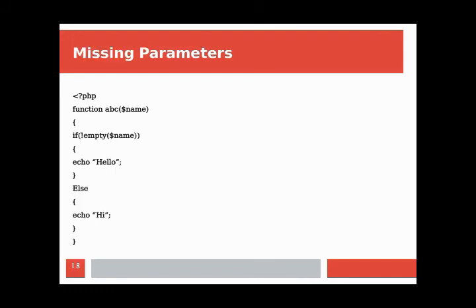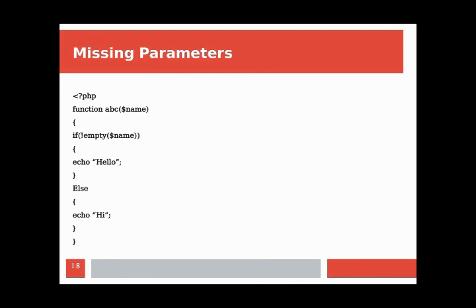Then another one is the missing parameter. That means when we use any function with parameters and any one of the values of that parameter is missing, then it will execute accordingly. Here we will see function ABC and in brackets $name, that means one parameter is used.